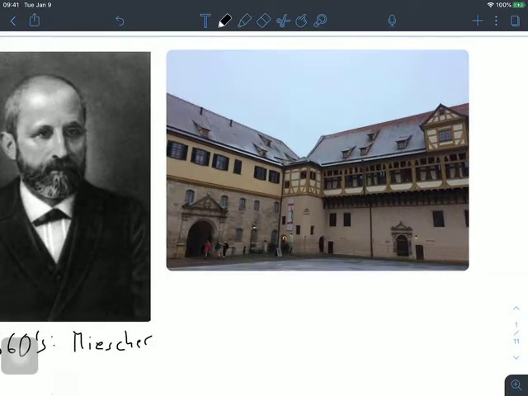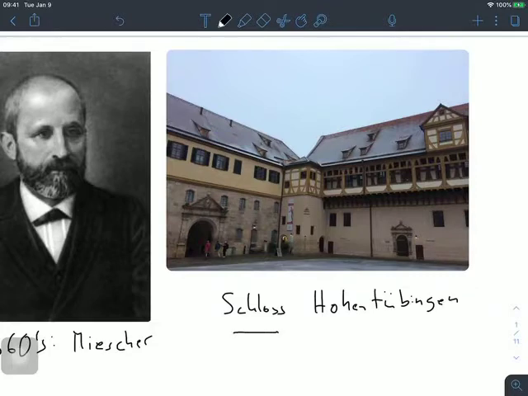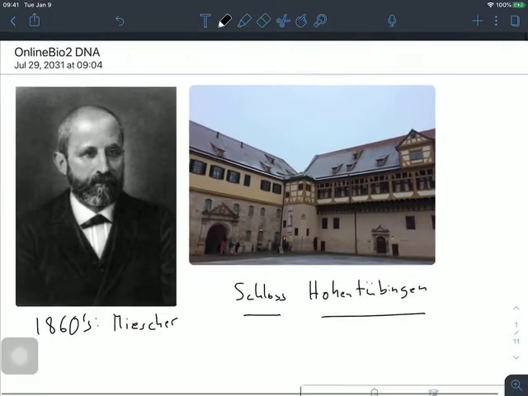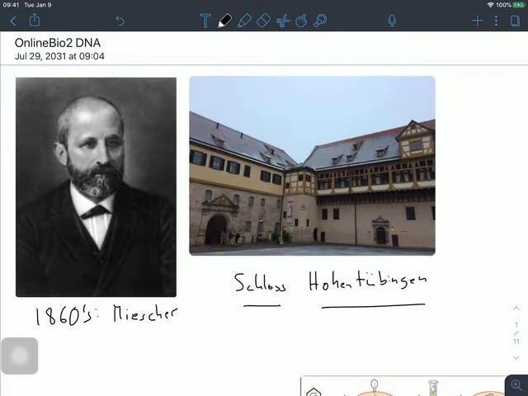He did so in one of the labs of this beautiful place called Schloss Hohentübingen, which literally means fancy house or castle on the hill in Tübingen. And Tübingen is coincidentally where I did my postdoctoral work, so it was really cool to get to walk in the same building where DNA was first isolated.